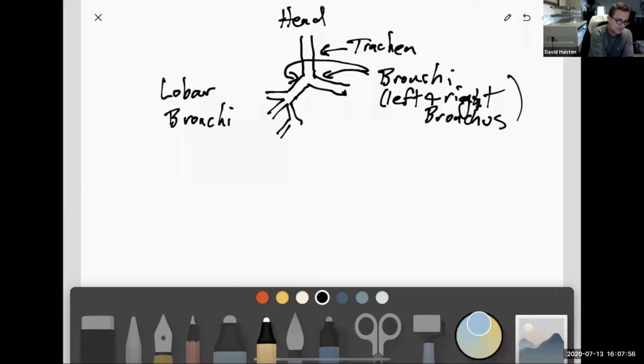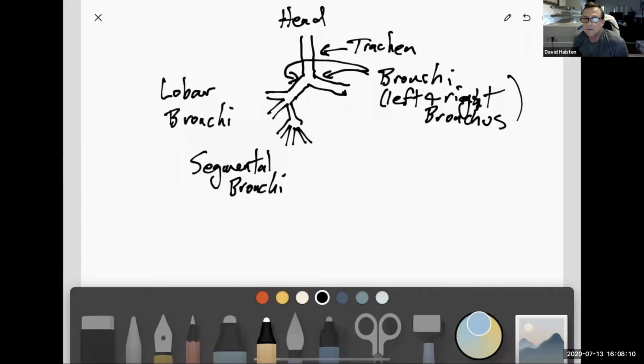And then these are going to split into segmental bronchi. And then those are going to split into what are called bronchioles.